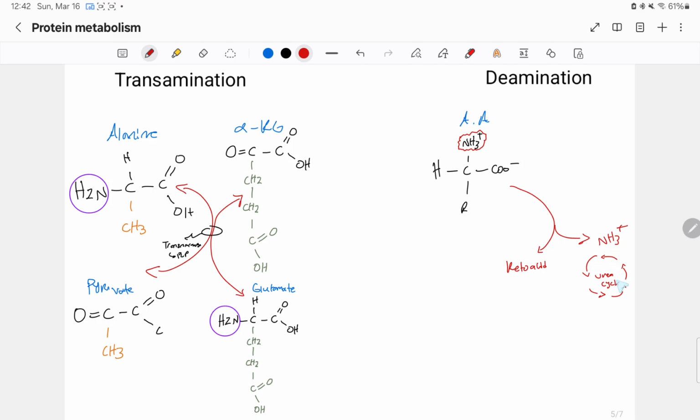We create a molecule called urea instead, which then goes into the kidneys and gets excreted as urine. So all a deamination reaction is, is taking the amino group off of an amino acid and putting it into the urea cycle, which occurs in the liver.